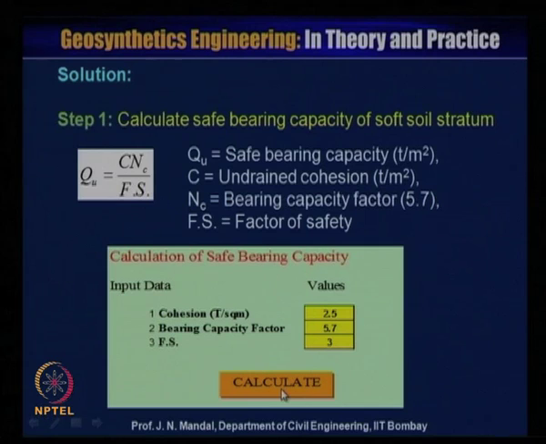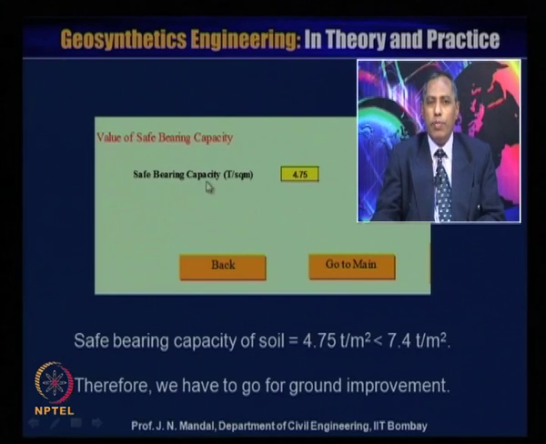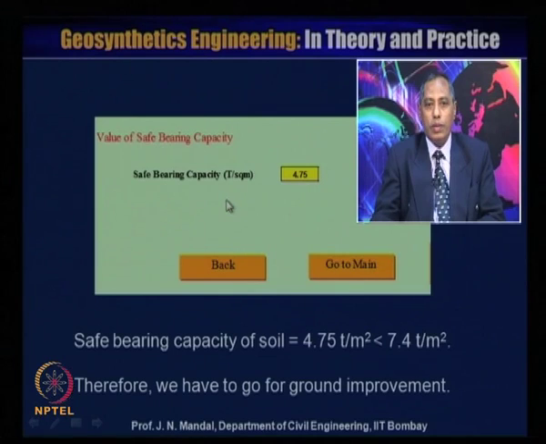So, you can calculate and you can obtain the safe bearing capacity, which is 4.75 ton per square meter. So, safe bearing capacity of the soil is 4.75 ton per meter square, but you have observed that your load coming is 7.4 ton per meter square.